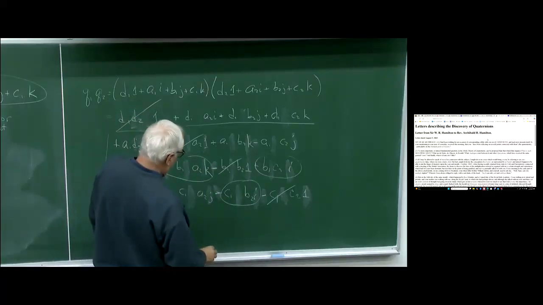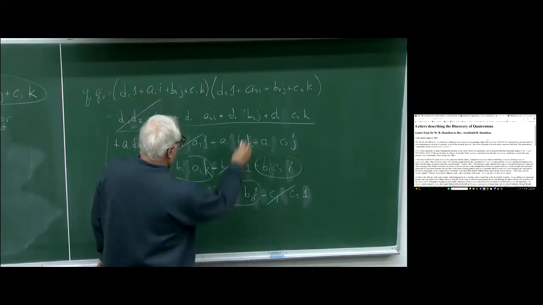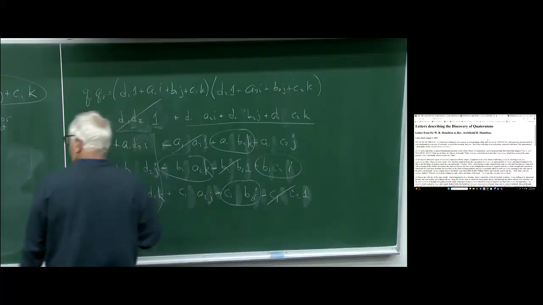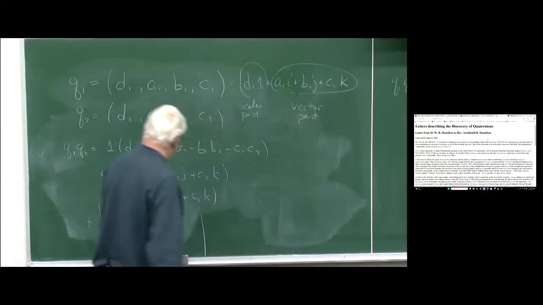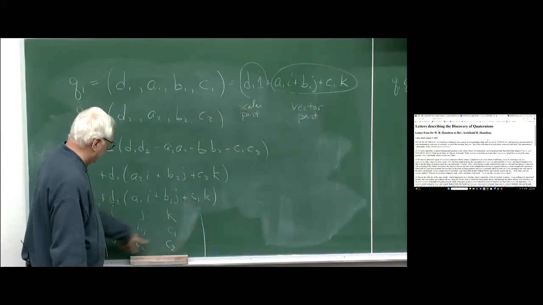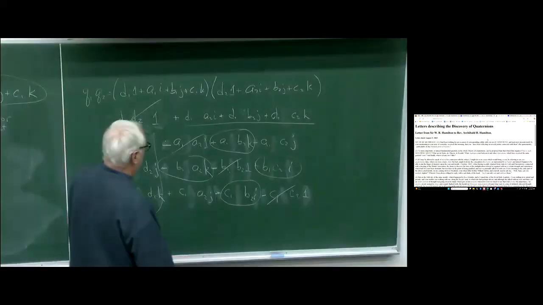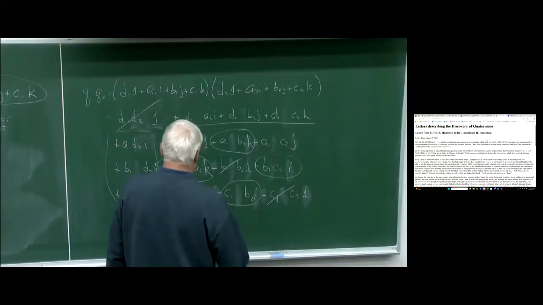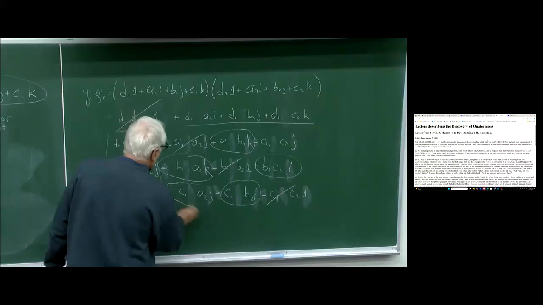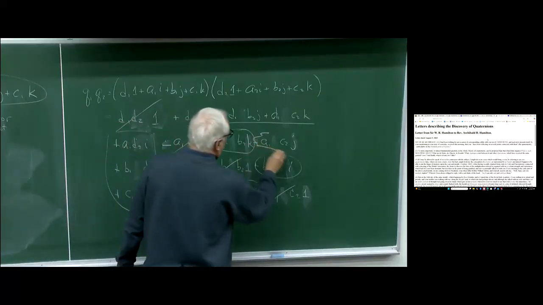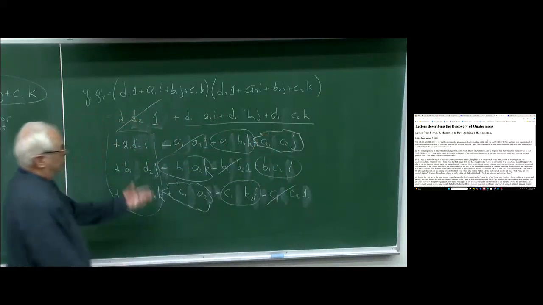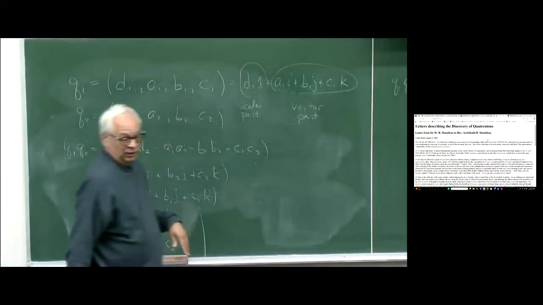And where was the other k? Okay, and then for the j term, there's a minus sign, so it's A2, C1. A2, C1. Minus, yep. So I got all the terms, I just grouped them differently.